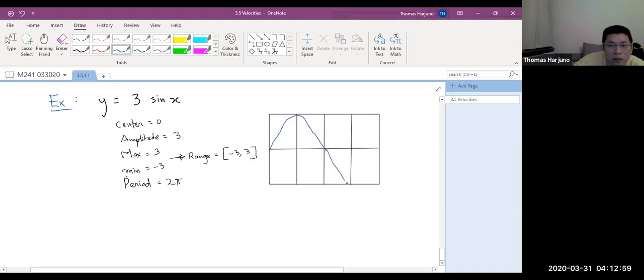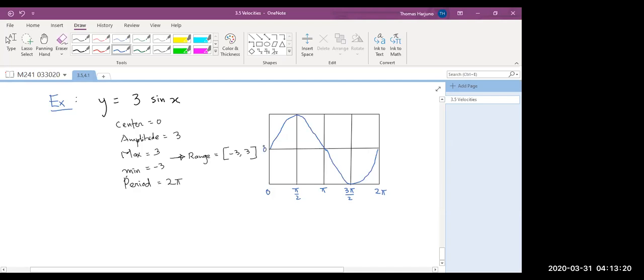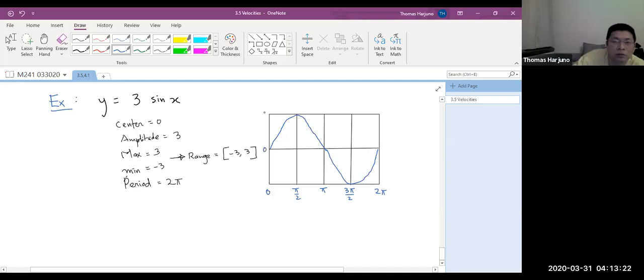Still like this. Okay? 0, pi over 2, pi, 3 pi over 2, and 2 pi. The thing is, the center is 0 and the amplitude is 3, means from that 0 it goes up 3 units and goes down 3 units.